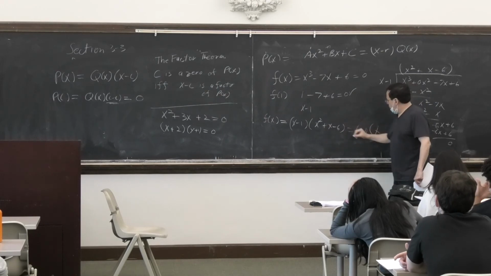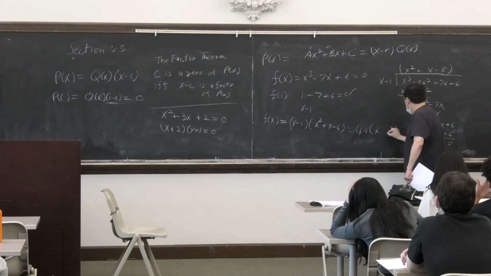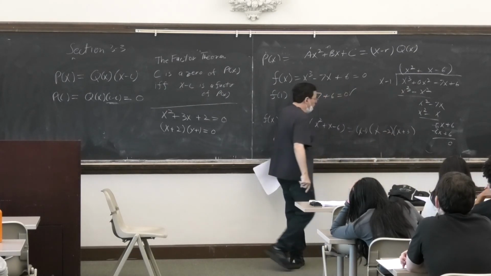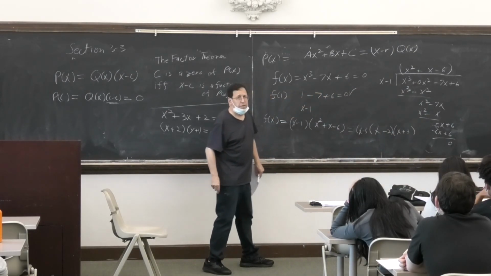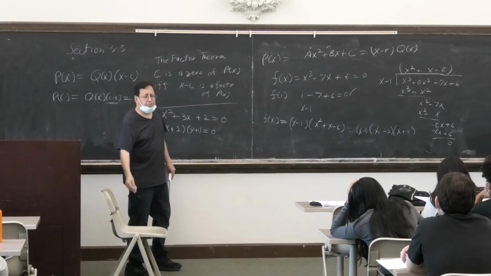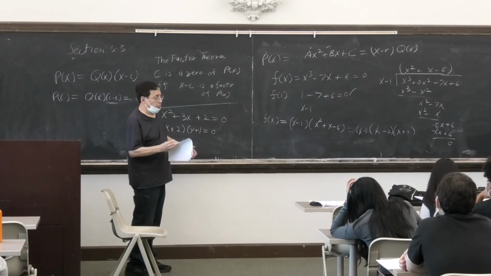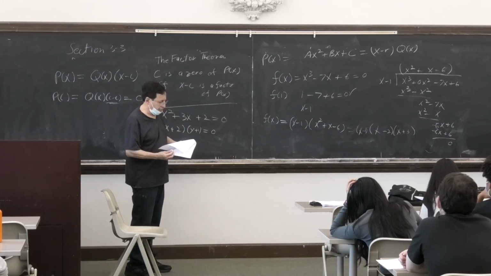So 3 and 2, right? Plus 3 minus 2 is plus 1. So now we can see right away the roots are 1, 2, and minus 3. So this is a strategy for factoring a polynomial of degree greater than quadratic.